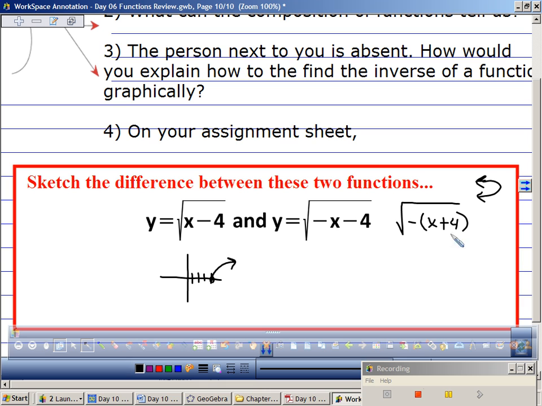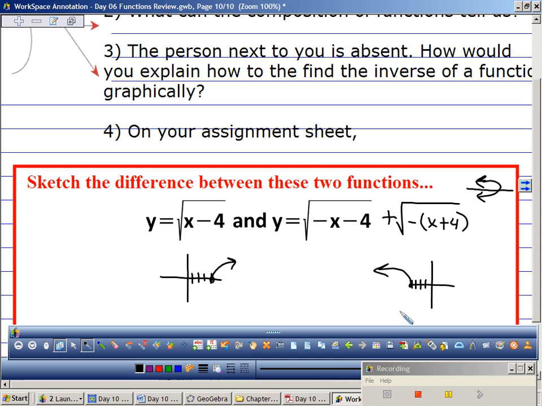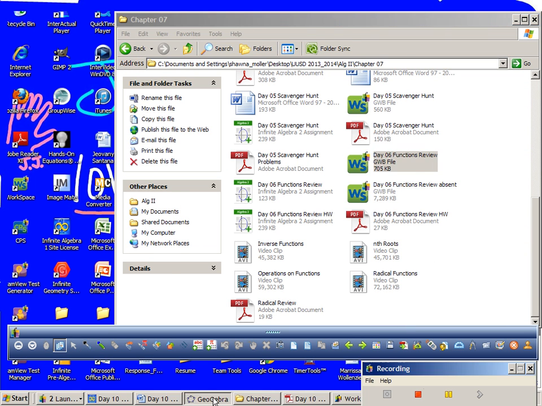The +4 means it shifted to the left. And this is a positive sign out front here, so it would be the positive half of this graph. So it would look like that. Questions on that? All right, let me show you guys this GeoGebra.